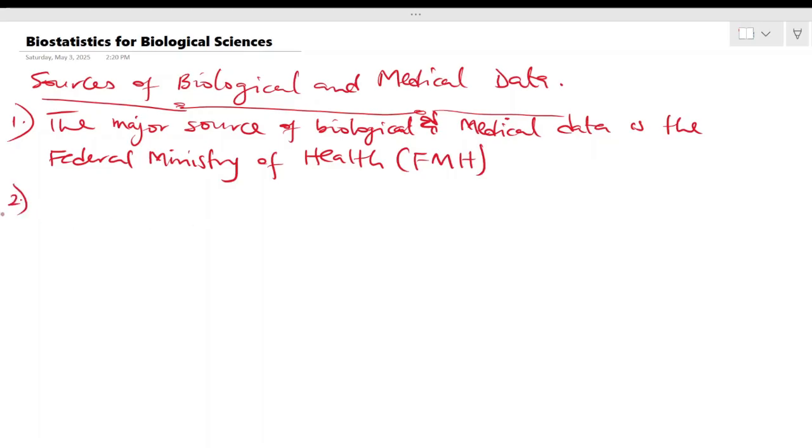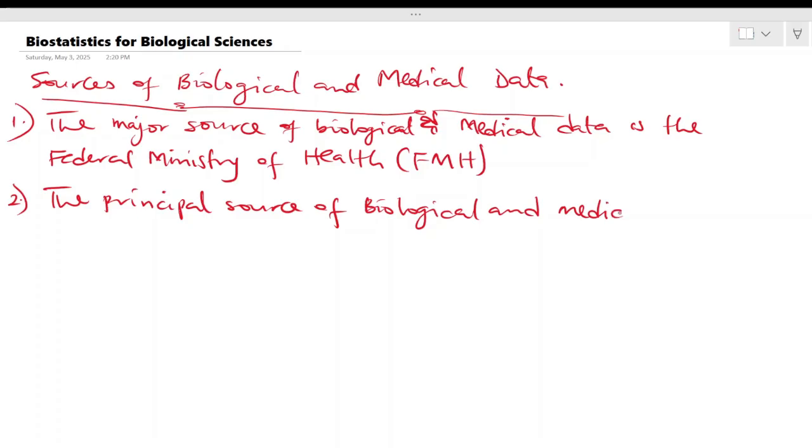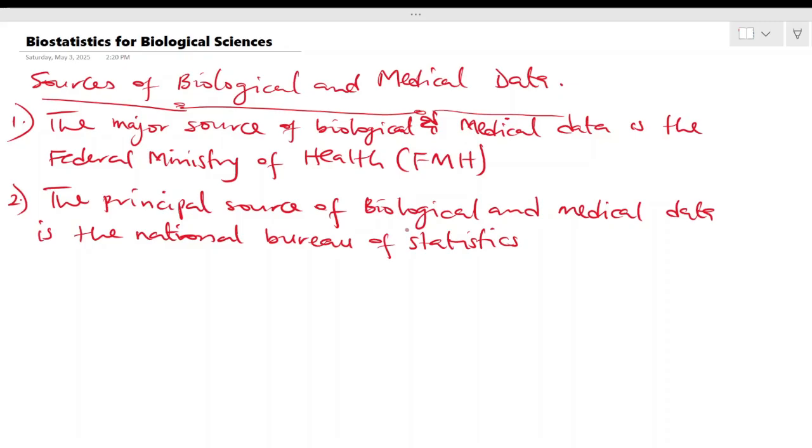Number two on the list, looking at sources, is the principal source of biological and medical data, the National Bureau of Statistics.